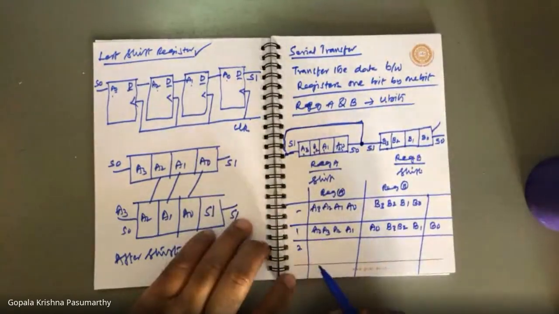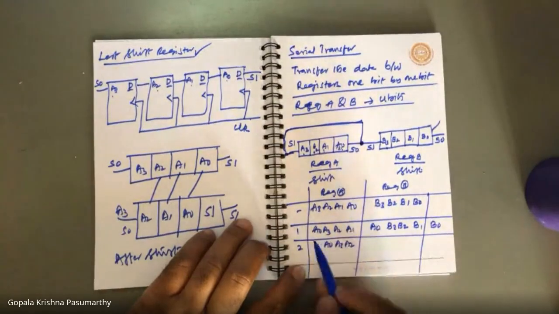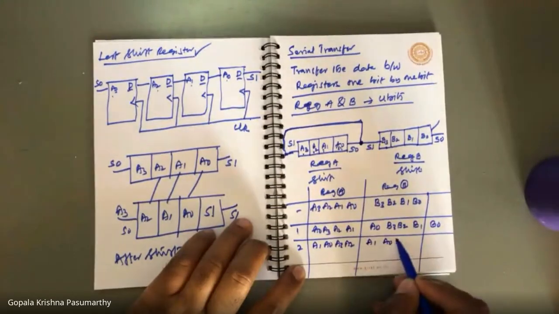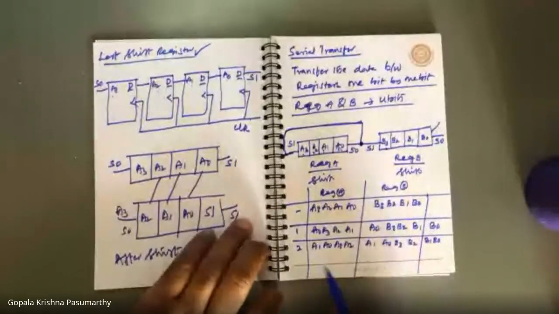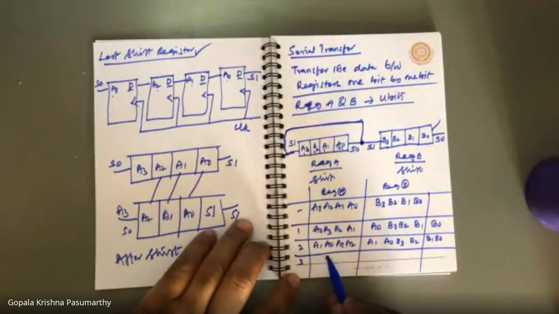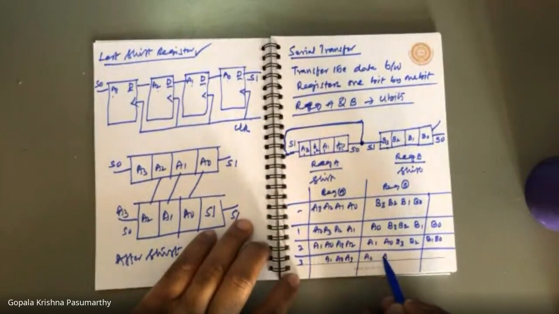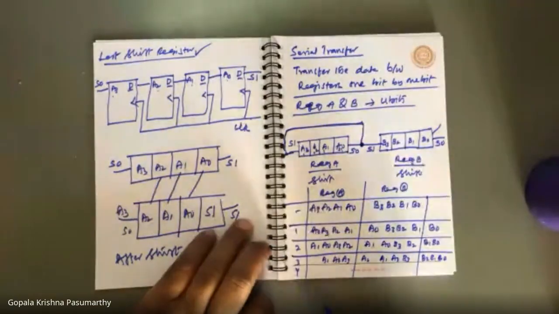Now you see another clock pulse. Again, what happens? A1 comes out, A0 comes here, A3 comes here, A2 comes here, and A1 comes and joins at the back, and B0 and B1 are shifted out. Now we apply the clock again. A1 comes here, A0 comes here, A3 comes here, A2 comes here. Now another clock pulse.